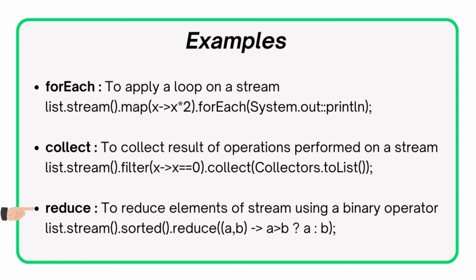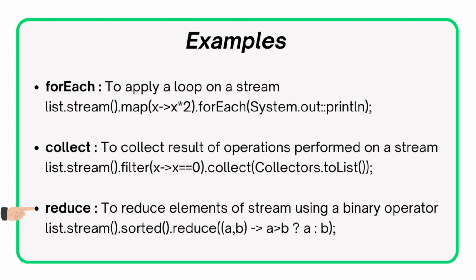But here, we are using a reduce function to reduce the elements of the list. That is, the reduce operation will compare values based on a predicate, that is a > b, where a is the result of the previous operation and b is the current stream value. Hence, this operation will return the maximum value as result.